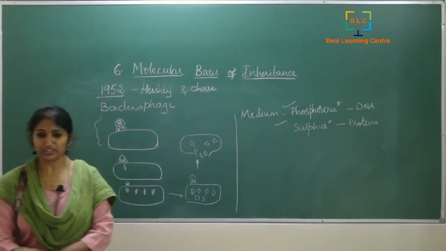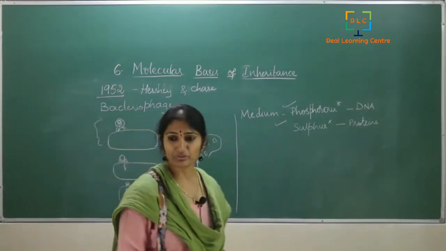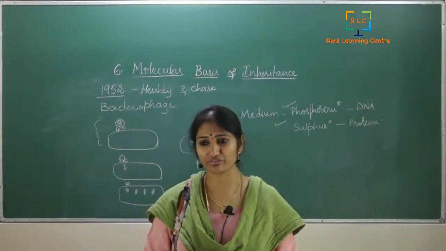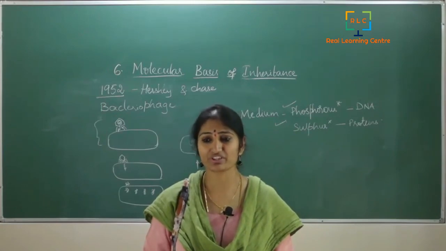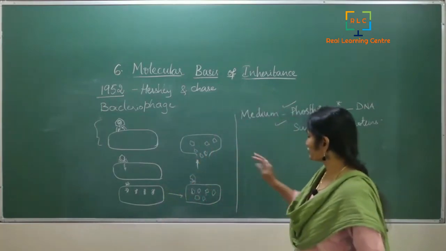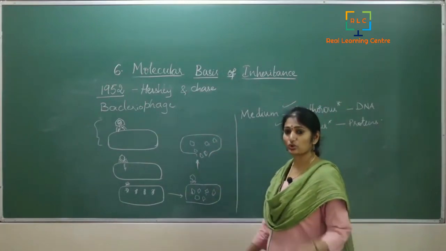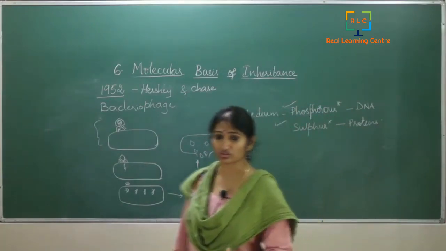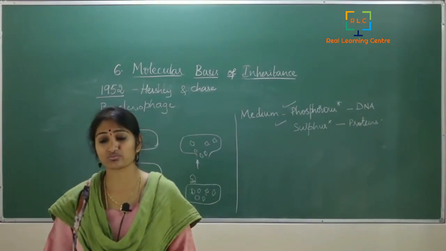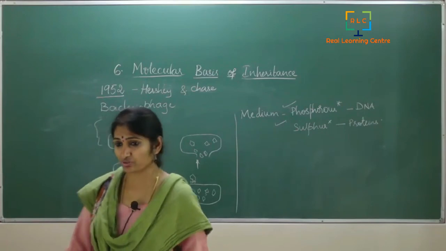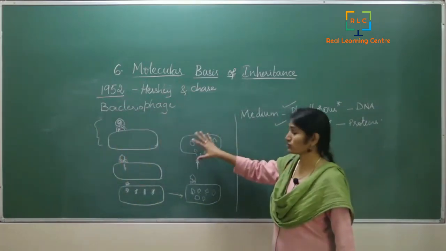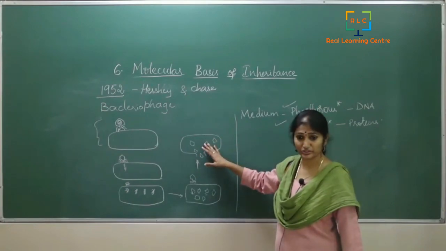Okay, but yes, their way of experimenting was slightly different because they mixed all of them, they centrifuged, they tried to find out if there is any radioactivity, and they checked whether the whole cells showed radioactive phosphorus or sulfur. And since the cells showed radioactive phosphorus only, it was proved that inside the cells there was phosphorus present.